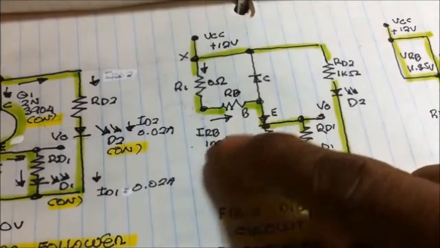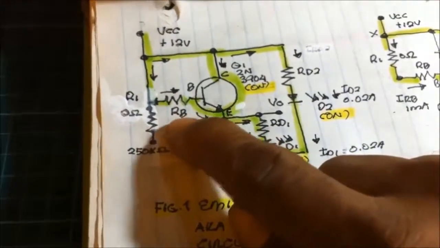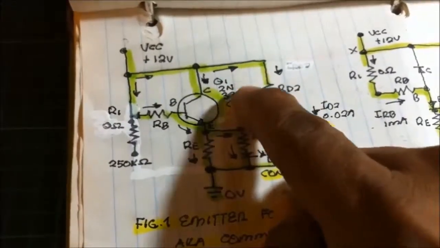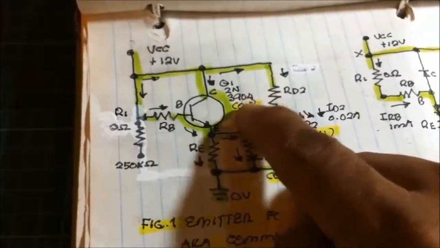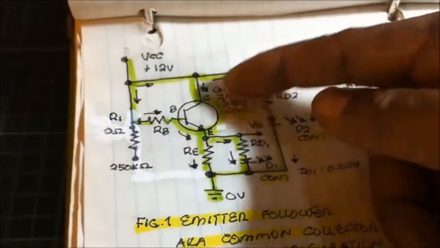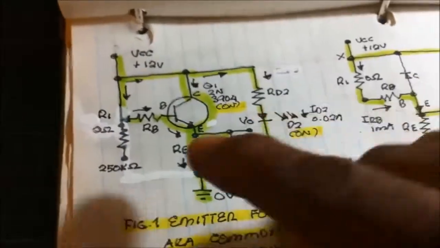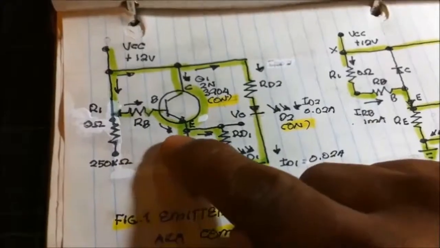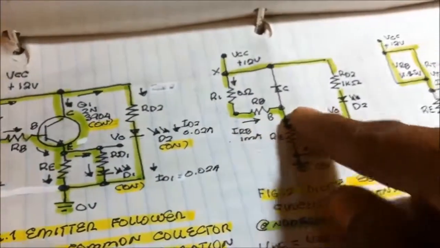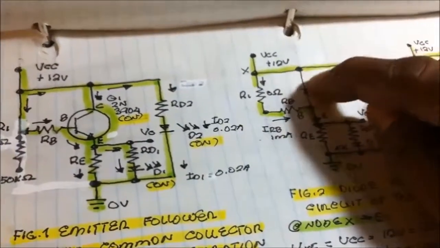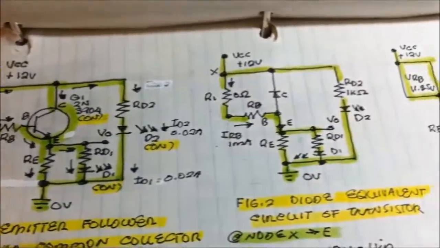In my circuit, I set a value of 1 milliampere to the base. That is my design. I'm setting the base current here to 1 milliampere because I know from the data sheet that this transistor is capable of switching up to 100 milliampere. If the collector current is 100 milliampere and our base current is around 1 milliampere and the current gain is 100, it will make 100 milliampere flow into the collector of this transistor.